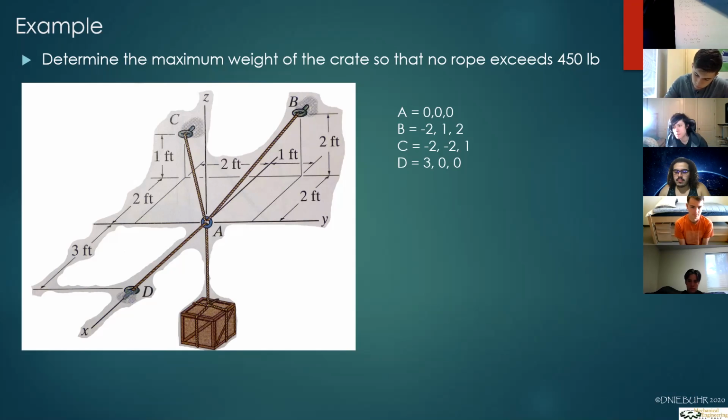So if we go back to this last equation, this one here, what we're saying is that 2/3 of 450 plus 1/3 of 225 minus W equals 0. And so if we solve that, we get W equals 375 pounds. All right.